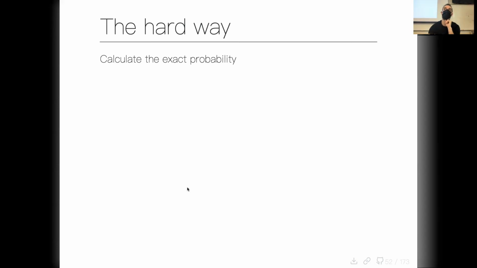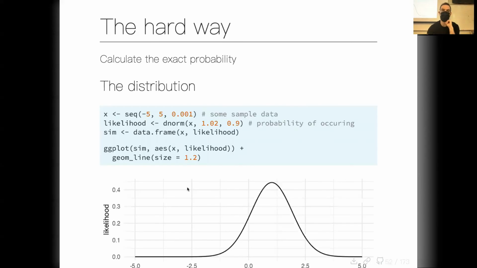So we can calculate the exact probability that yellow wins. The way that we do this is not very easy. It's not horrifically complicated, but it's not super straightforward either. What we're going to do is create some sample data. This is just a whole bunch of points from -5 to +5 in increments of 0.001.